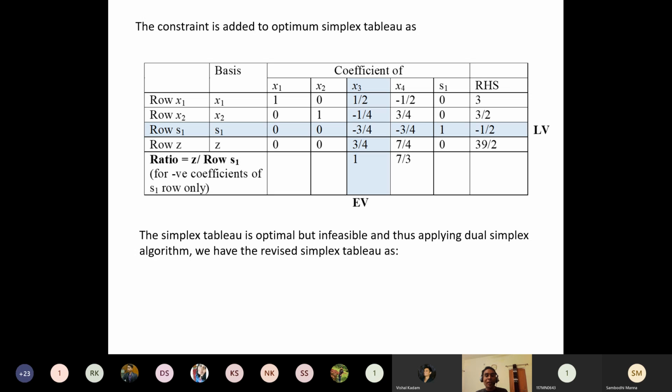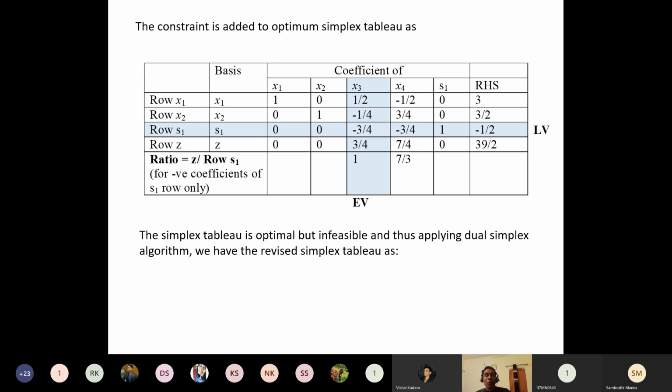Now you can see in this table, in the right hand side, there is a negative value. That means the table is optimal but infeasible, because all the variables are non-negative in nature. If you get any negative value, s1 equal to minus 1 by 2, this gives an infeasible solution.